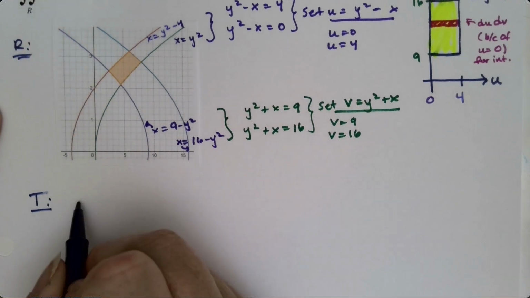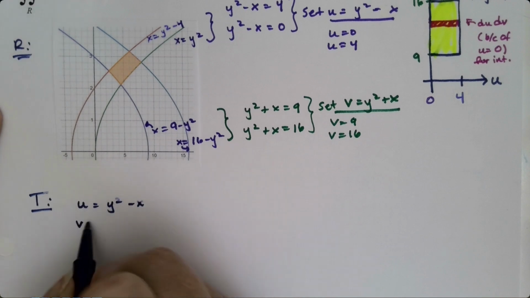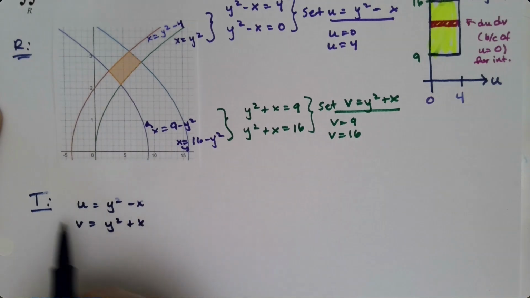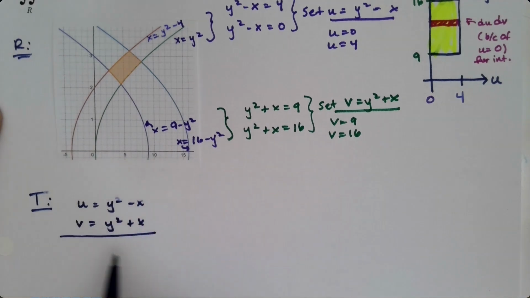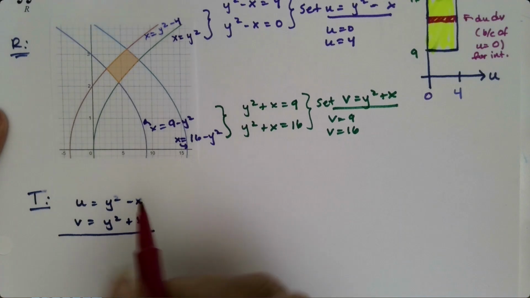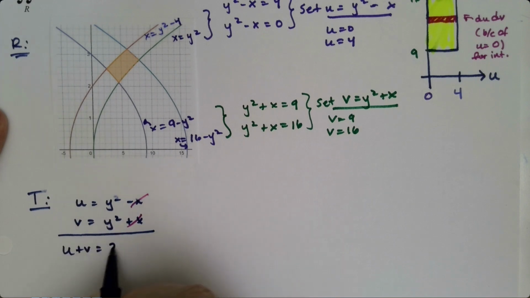So let me write them again. If u is y squared minus x and v is y squared plus x, then if I add them up, I don't need to multiply by anything on this one because the x's will already cancel. So I'll get u plus v equals 2y squared.